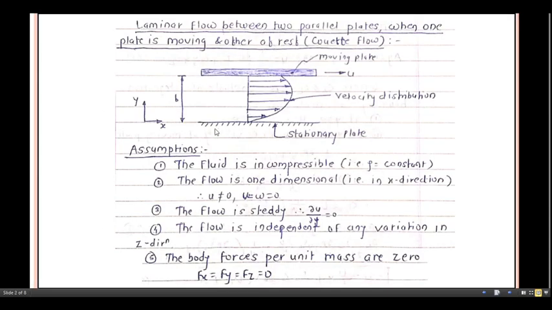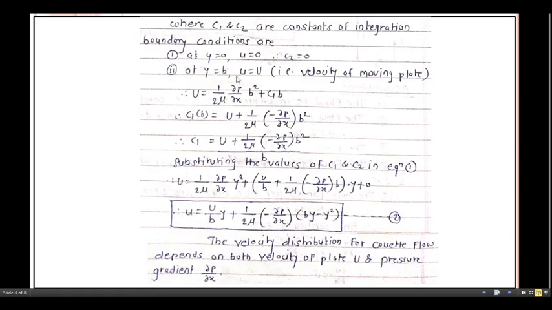When we consider y as 0, the velocity near the stationary plate becomes 0. So here we can get the value of C2: if I substitute y as 0 and u as 0, we get the corresponding value of C2 as also 0.